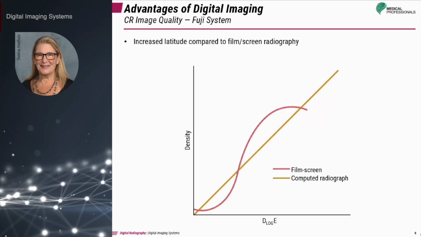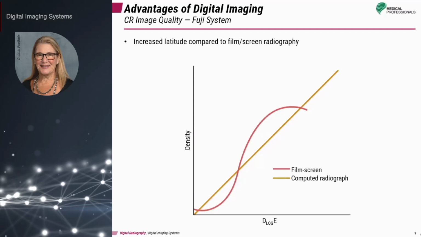Film screen systems are considered analog imaging due to the continuous series of grays that the signal records on the image receptor, or film in this instance. In digital systems, CR and DR both, the image signal is a series of individual discrete values, not shades of gray.